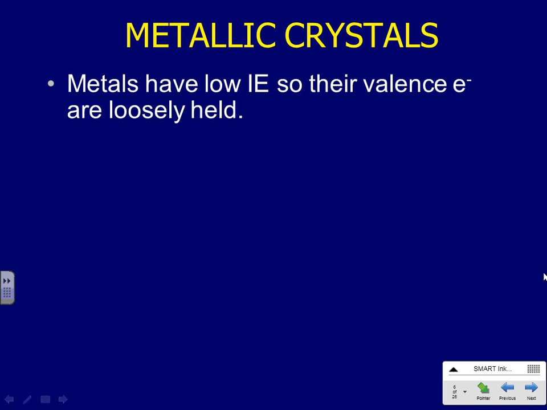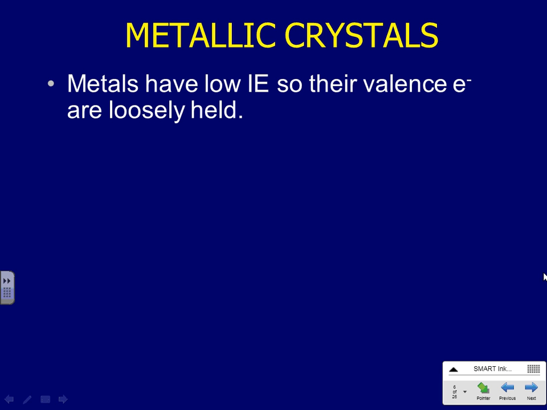The important thing here is that the metals have low ionization energy, so they have loosely held electrons. It's not that we're putting a metal with a nonmetal, where the nonmetal is going to grab up that loose electron. We're putting a metal atom beside another metal atom, and they're both going to not want that electron.